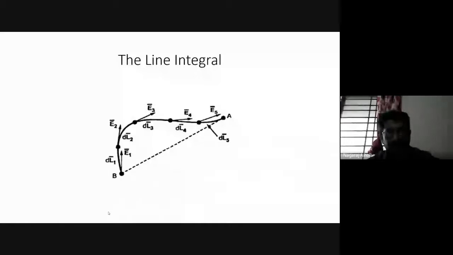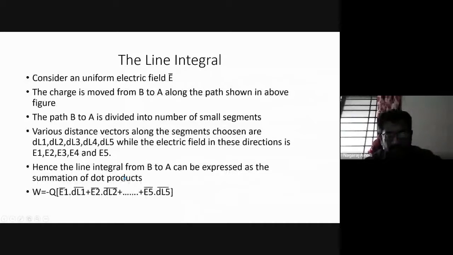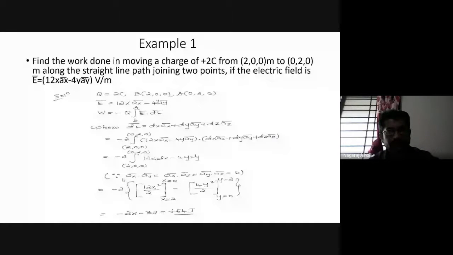We have used the method of polygon which says that the total resultant is given by the vector line joining the final point with the initial point. And we have solved one example on the work done.